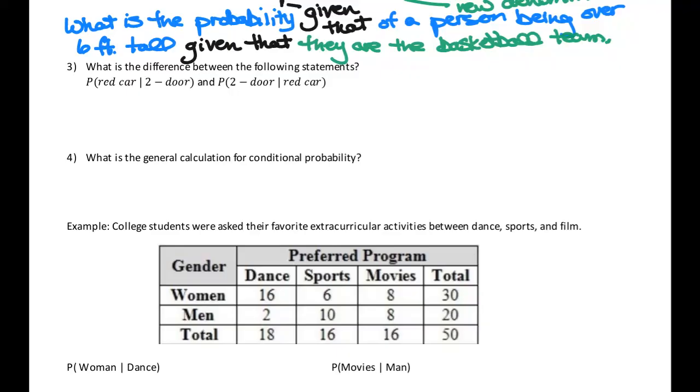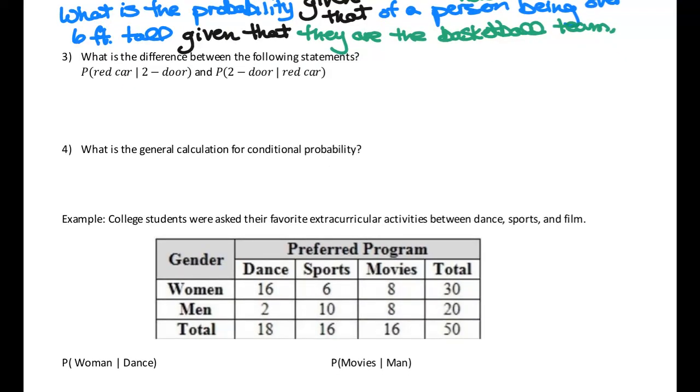Number 3. What is the difference between these two statements? What is the probability of selecting a red car given that, this is "given that," you look at all two-door cars? So you are looking at all two-door cars.